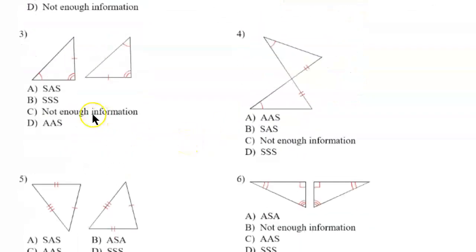Looking at our next question, these triangles aren't touching, so there's no way for me to know about some third piece of information from something being congruent with itself. So I need to go off of just what's listed. If I go in order, I could choose to either start with the side or start with the angle.